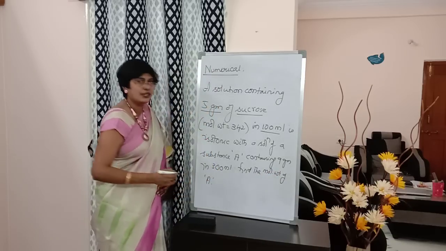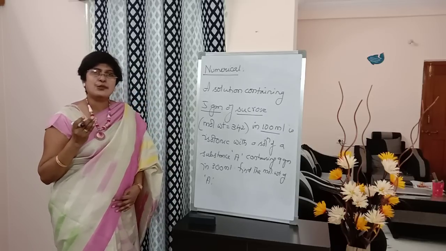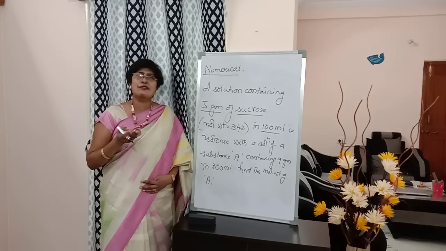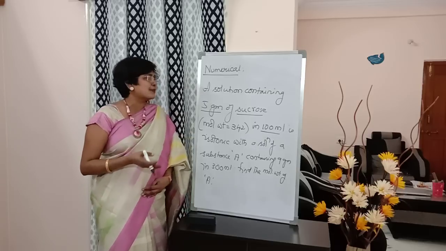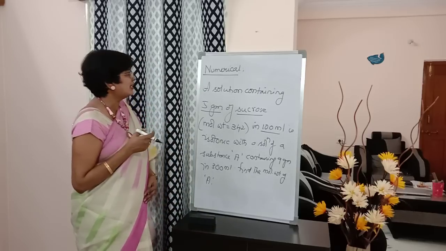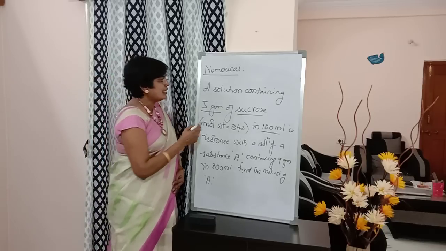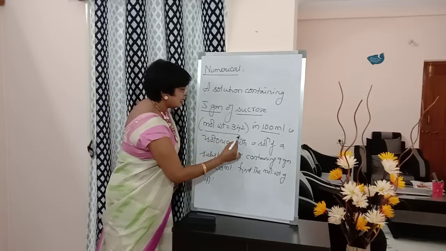That's what I told you, na? So W1 by M1 V1 is equal to W2 by M2 V2. What did I tell you there? If we know the molecular weight of one substance, we can determine the molecular weight of another substance. So look at the numerical given here. There are two solutions, that is isotonic solutions. One is 5 grams of sucrose in 100 ml and whose molecular weight is known.